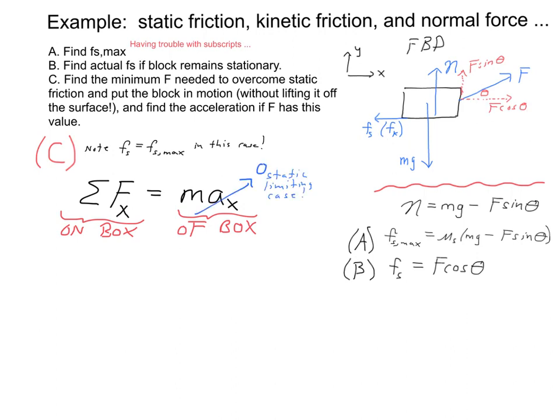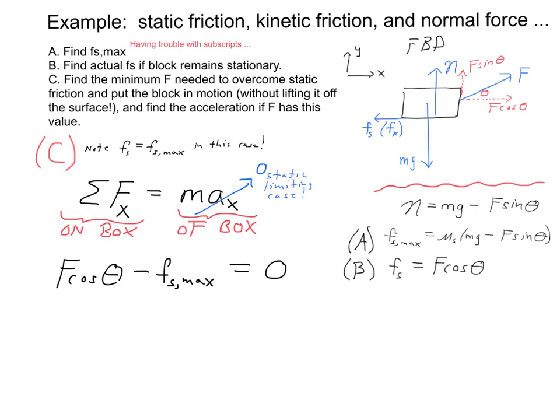So to find the minimum F necessary to overcome static friction, we can go all the way down to the static limiting case where we still have no acceleration, so that this is just balancing the maximum possible static friction. So in that case, the acceleration, a sub x, will still be 0, and that'll allow us to find this minimum F.